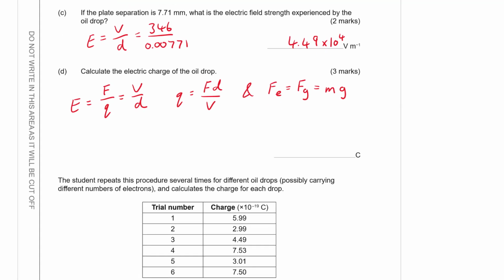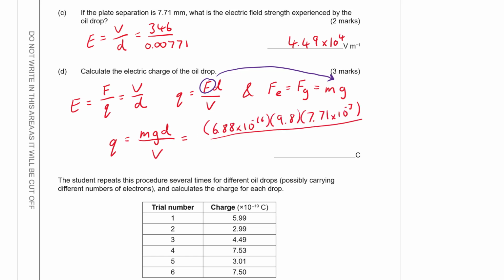So for F here, I'm going to sub in that expression, so we end up with Q is equal to mgd over V. And now I can just put in my numbers. 346, and you should get 1.50 times 10 to the negative 19. There we go.